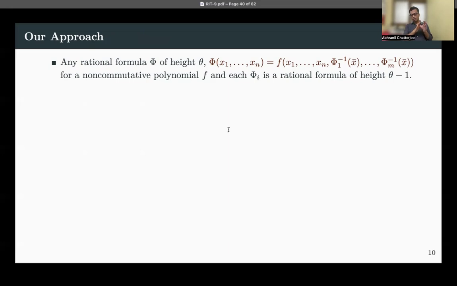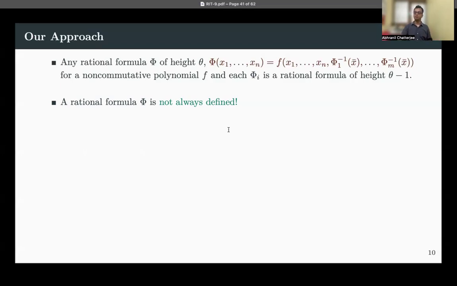Moreover, if that formula is of size s, then all these subformulas of height theta minus 1 are also of size s. Okay. Note that a rational formula phi is not always defined. Simply, if you take any matrix tuple where phi1 is not invertible, then when you try to take the inverse, it will not be defined.